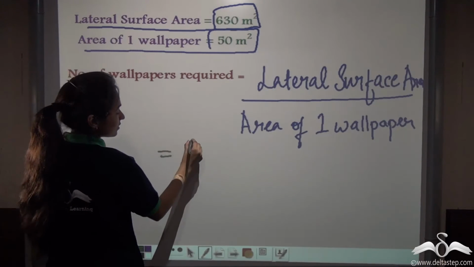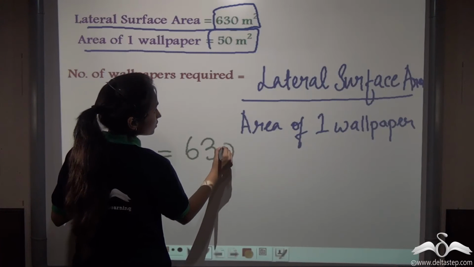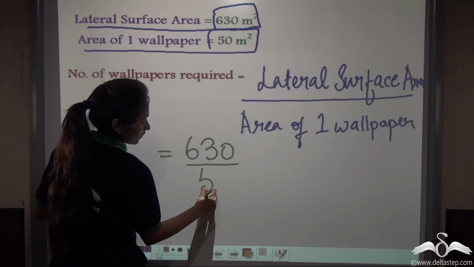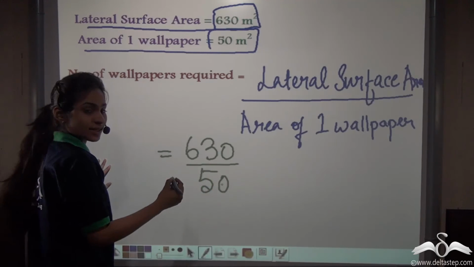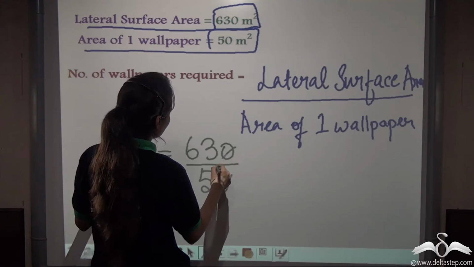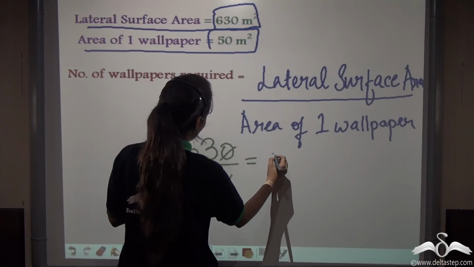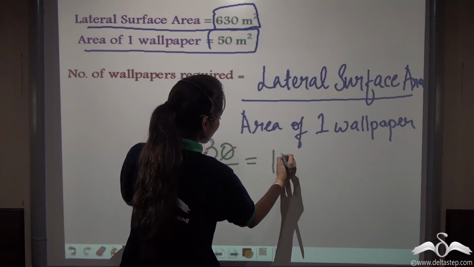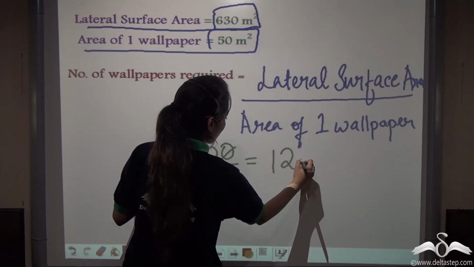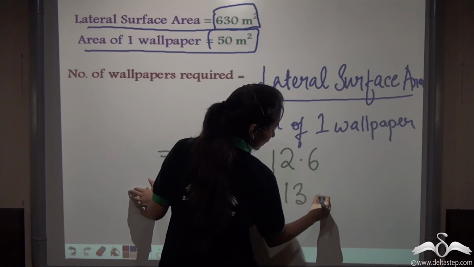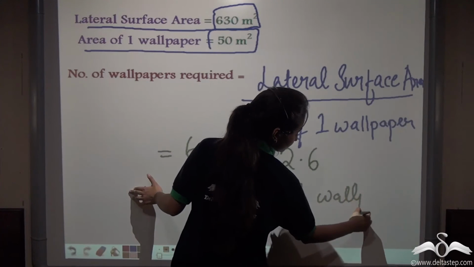Lateral surface area is 630 meters square and area of wallpaper is 50 meters square. So now let's cancel it. We get something as 12.6. That gives us around 13 wallpapers.